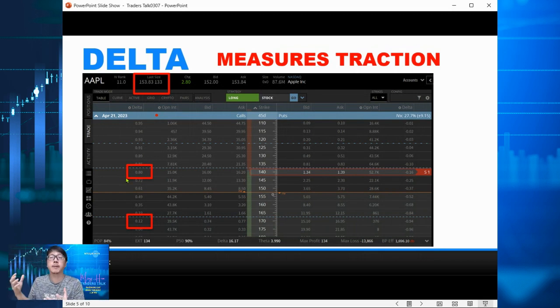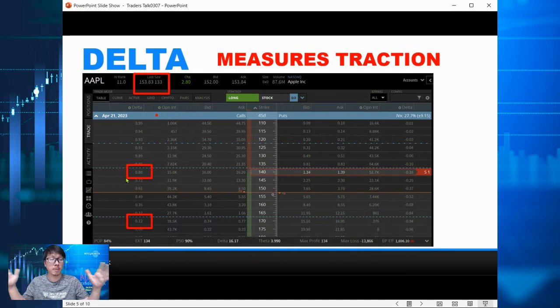But of course, the other side of it is that if you want to hire a tall guy, you need to pay them more, because this tall guy eats more, right? So you need to pay more. If you want to hire a short guy who moves slower, then you can pay less. But of course, the probability of you winning in the trade is less because you have less traction.